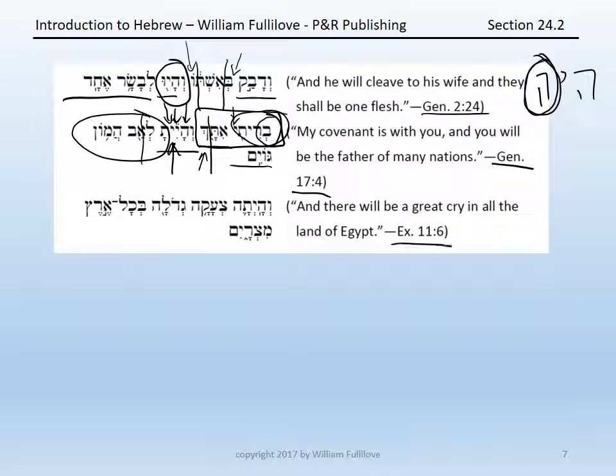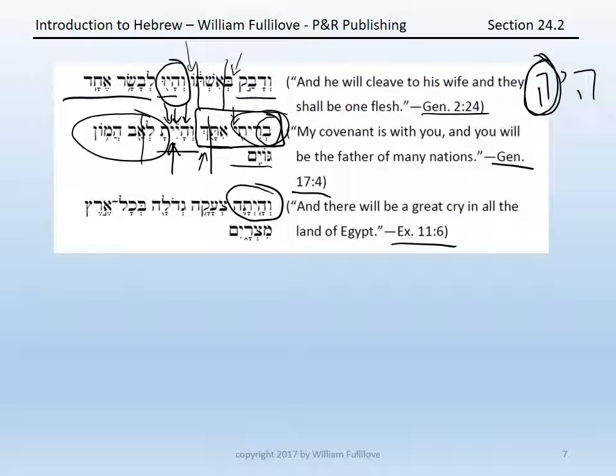And a third example, Exodus 11:6. Vehayeta tse'aqa gedola bekol eretz Mitsrayim. Vehayeta, a Qal converted perfect, third feminine singular of haya.